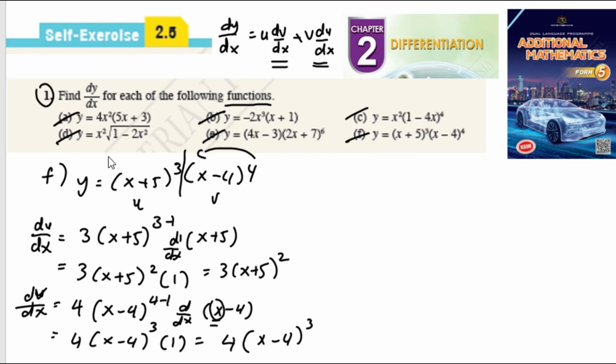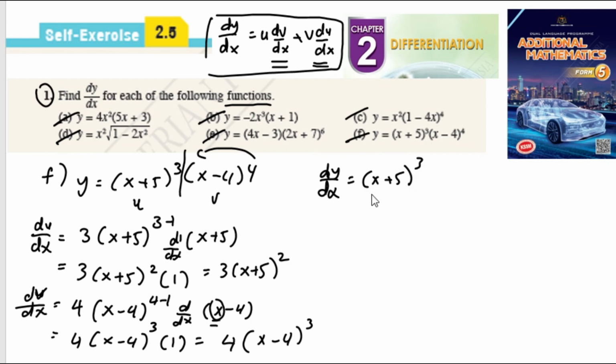Now you have u, v, du and dv, you can calculate inside the formula. So here dy over dx is equal to u, which is x plus 5 cubed, times dv over dx, which is 4 times x minus 4 cubed.